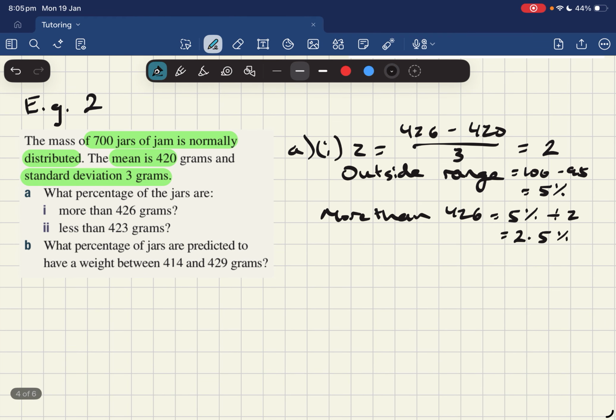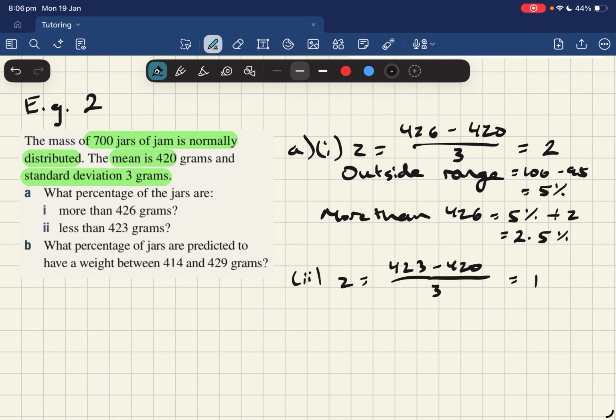Okay, next one. It's saying less than 423 grams. So part II. Before we do anything, we want to find the Z-score, then we can apply our percentage. So for part II, Z equals 423 minus 420 over 3, which gives us 1.